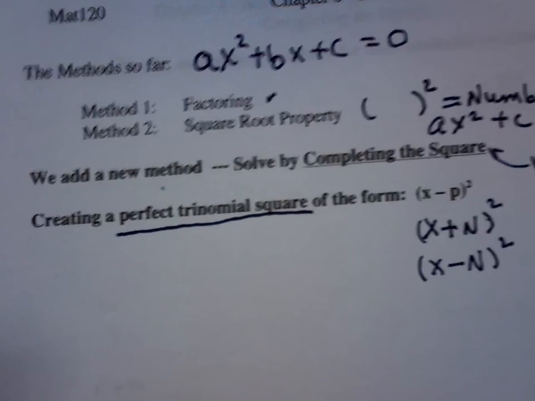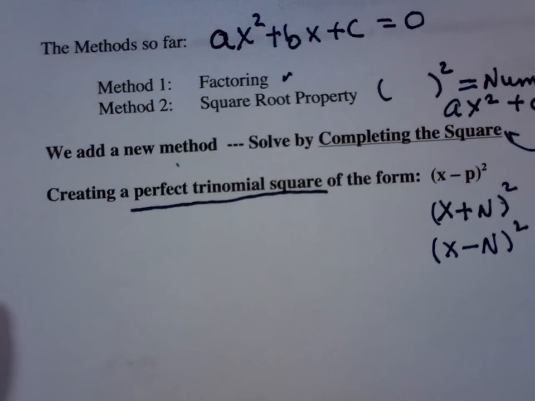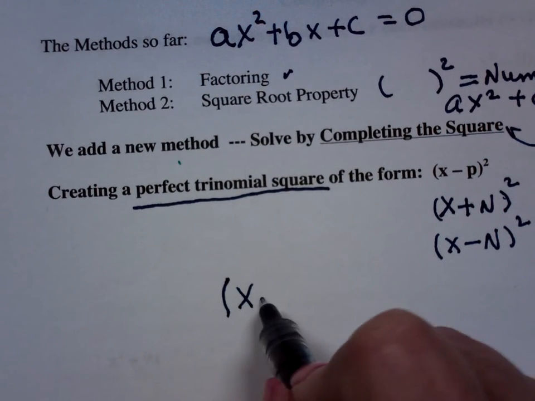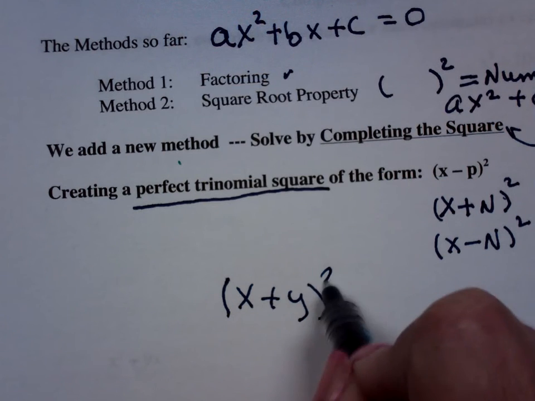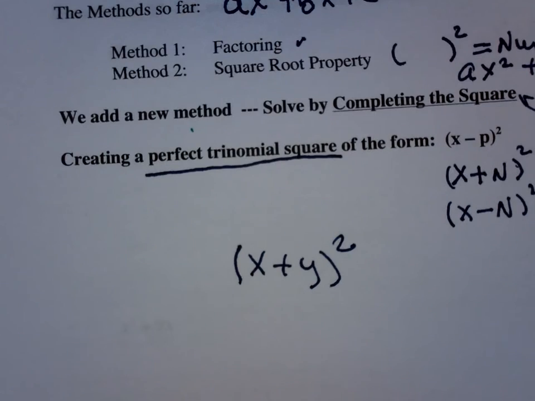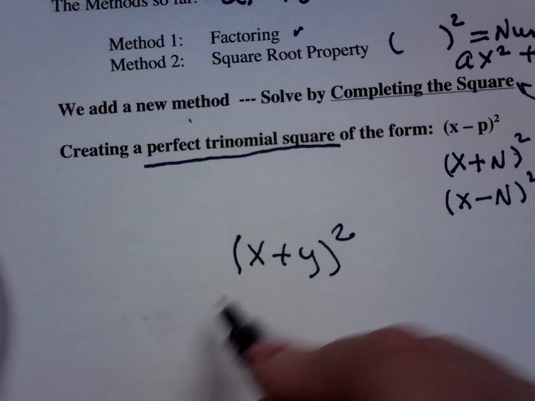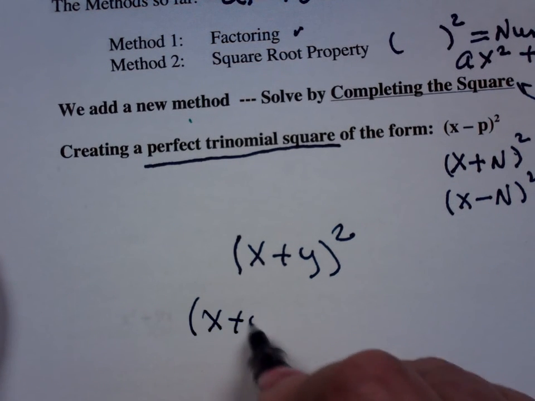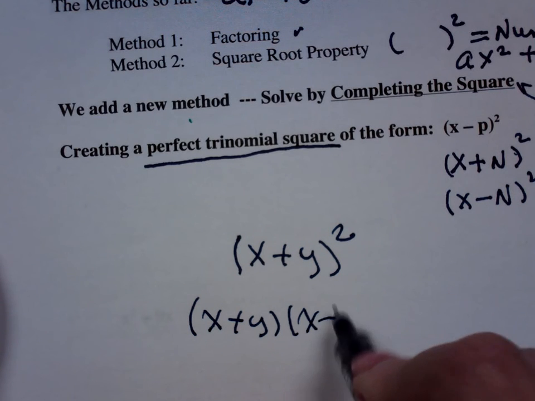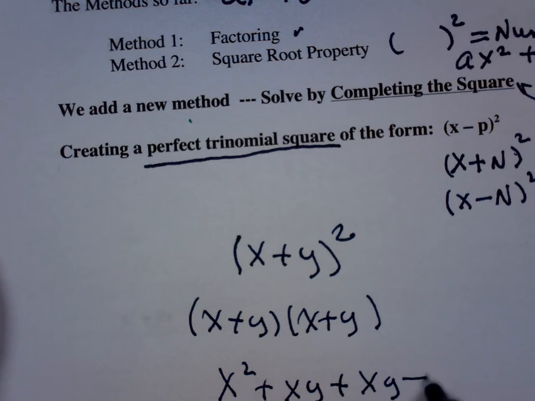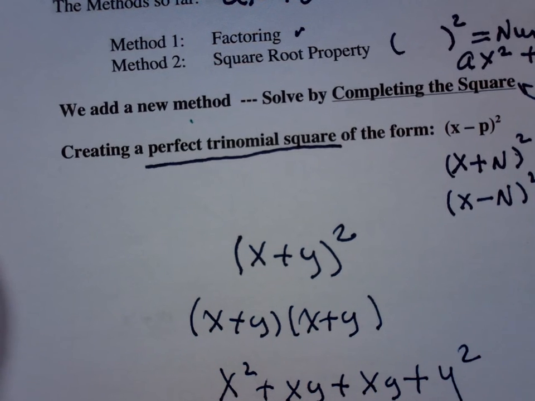Well, if I just take a look at what happens with good old x plus y, the quantity squared, we're going to need something that's going to enable us to work with this. This is x plus y times x plus y, or x squared plus xy plus xy plus y squared.